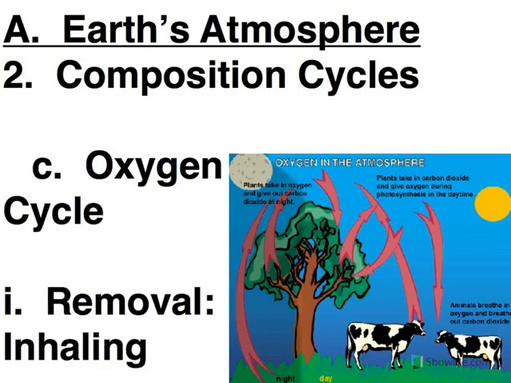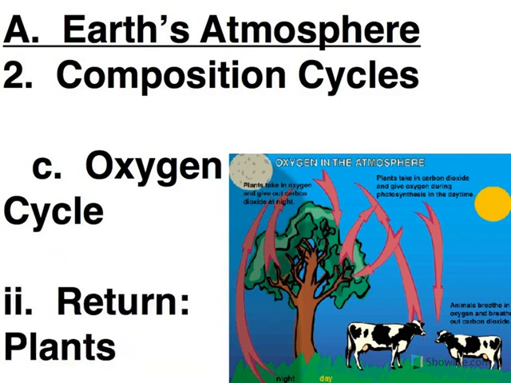Oxygen, of course, we inhale oxygen, so all animals will remove oxygen from our atmosphere, including you and me. To get oxygen back into the atmosphere, plants, and this is where photosynthesis comes in.